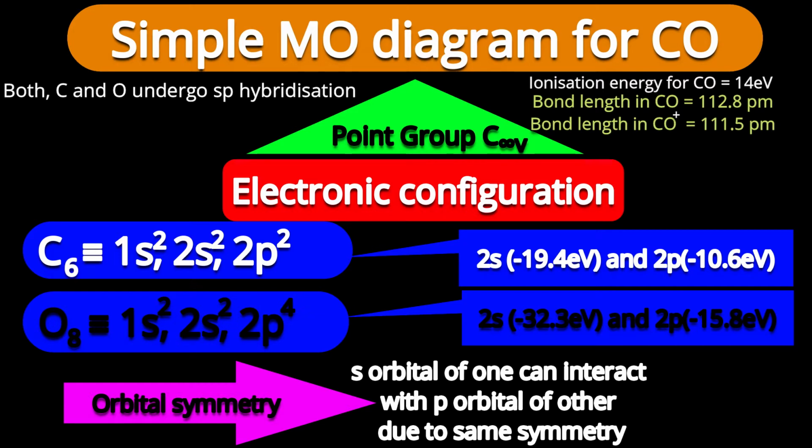But if you read the upper portion in small font, it is mentioned that the ionization energy for carbon monoxide is 14 electron volt. What does it mean? The outermost electron, the last electron in the carbon monoxide molecule, should be above the 2p orbital of oxygen but below the 2p orbital of carbon. I hope you are getting the sense of the ionization energy.